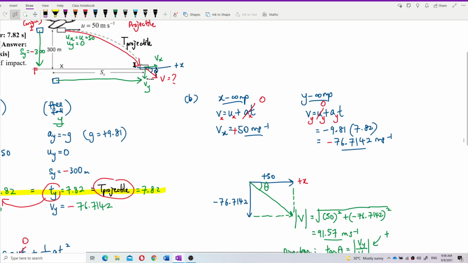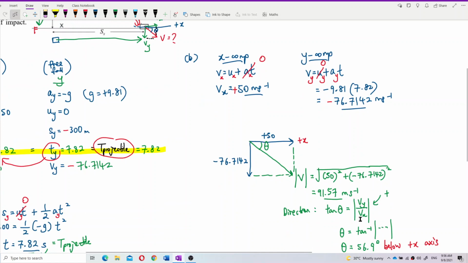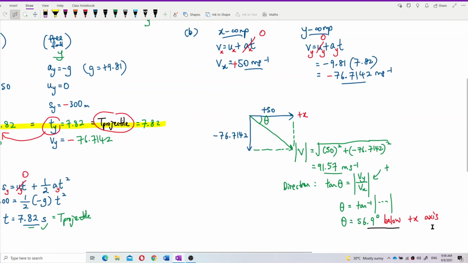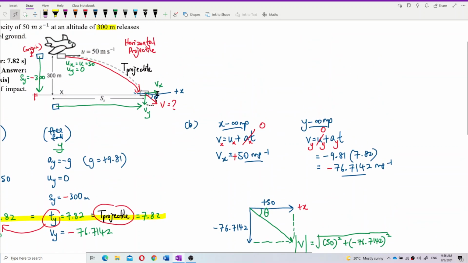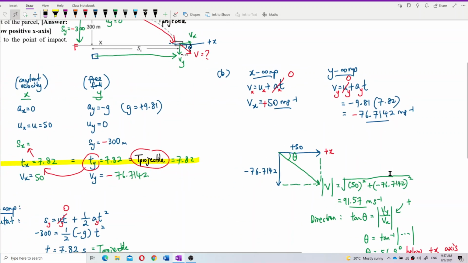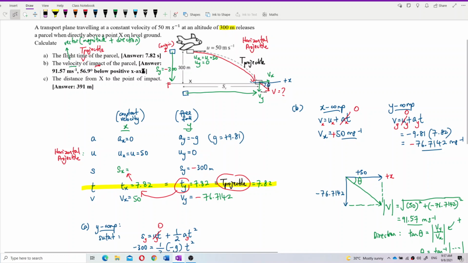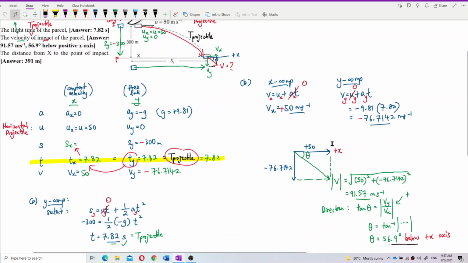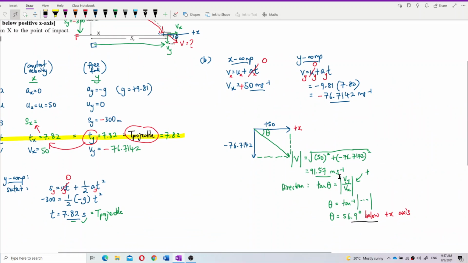So this is the final velocity we need to find. We got the magnitude, and the direction is 56.9 degrees below the positive axis. So that's correct. The answer is 91.57.